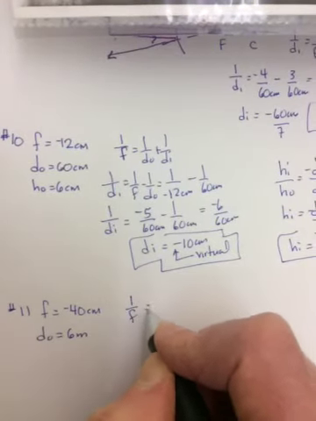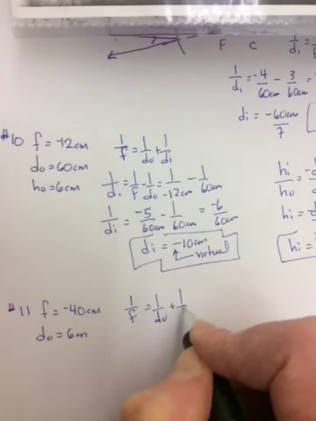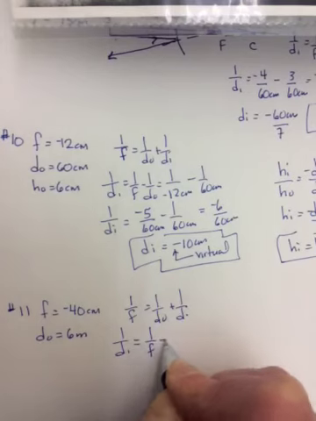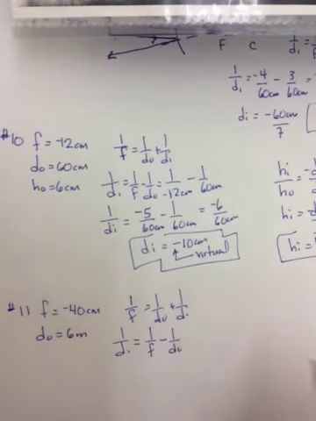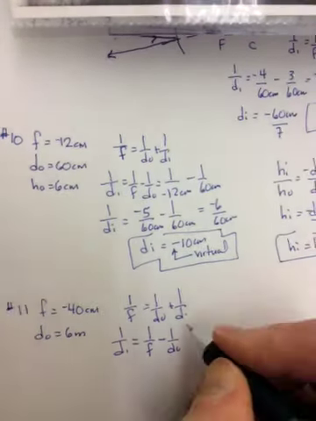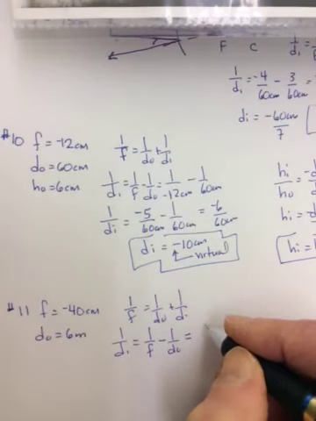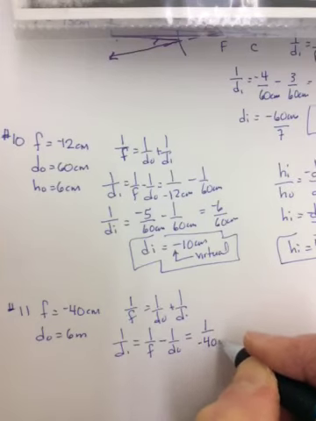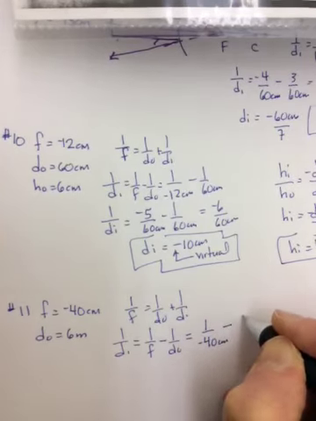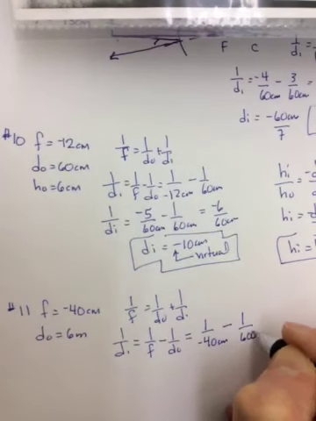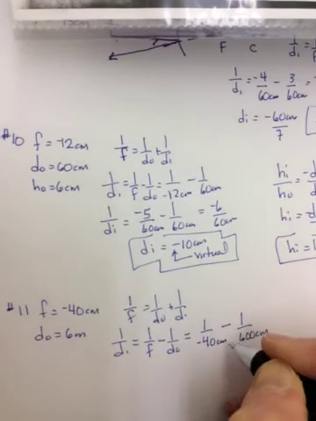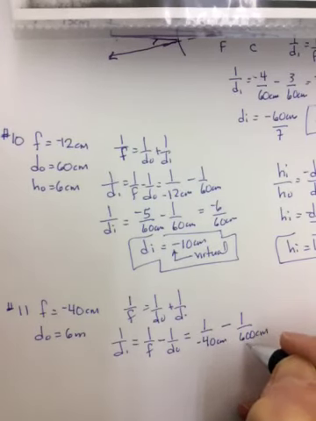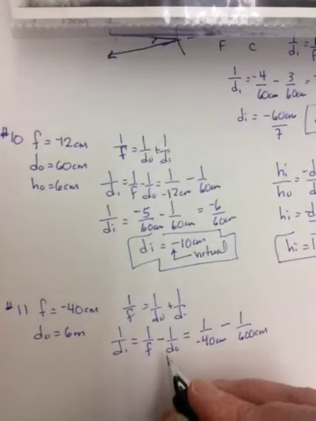So 1 over F is equal to 1 over DO plus 1 over DI. 1 over DI equals 1 over F minus 1 over DO. Notice you have centimeters and meters here. I would probably change to centimeters. So 1 over negative 40 centimeters minus 1 over 600 centimeters. Common denominator I think is 600.